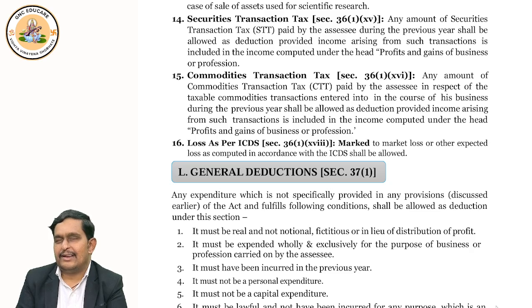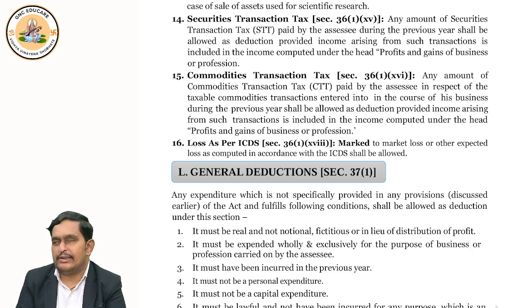Right? And the last thing I'll tell you in section 36 is loss due to ICDS. Here they simply said mark to market losses are allowed as deduction. ICDS says mark to market losses are claimed as deduction.